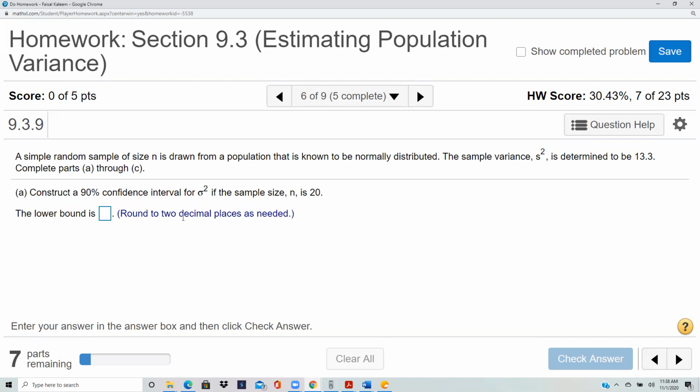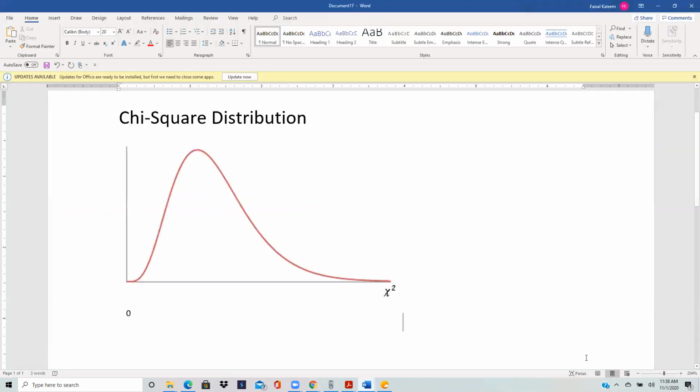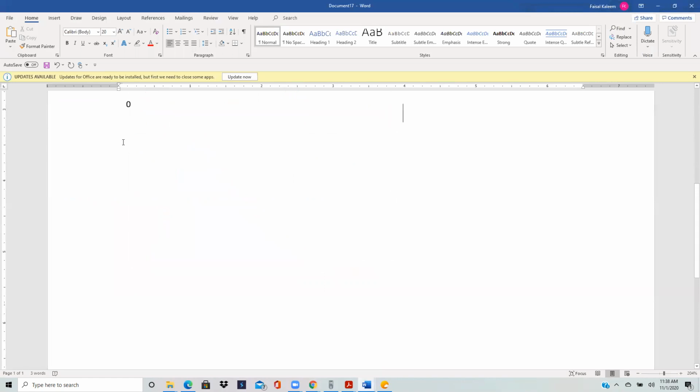So remember, for proportions, we use proportion stats. Well, let's write it down. So confidence interval. So we have done confidence intervals for proportions.